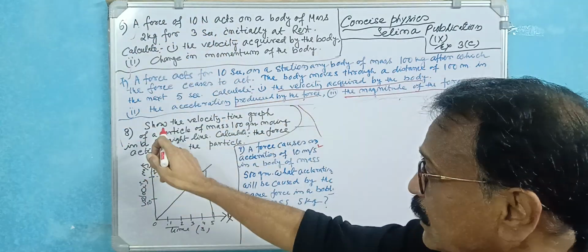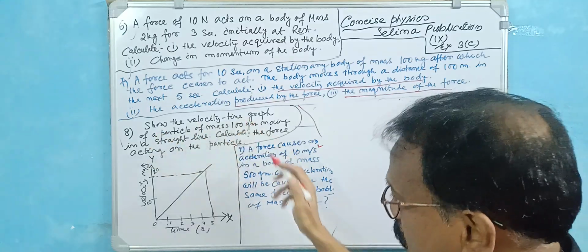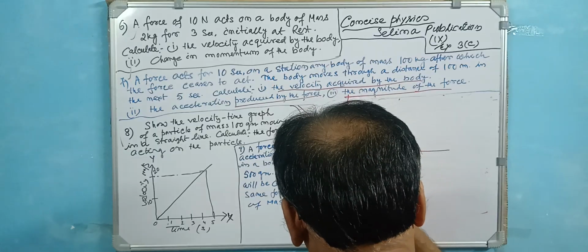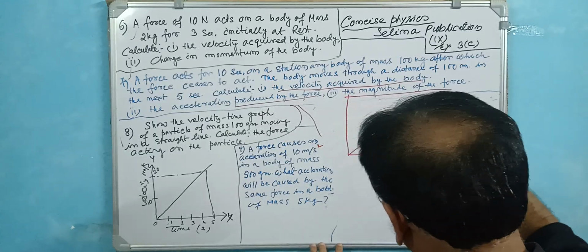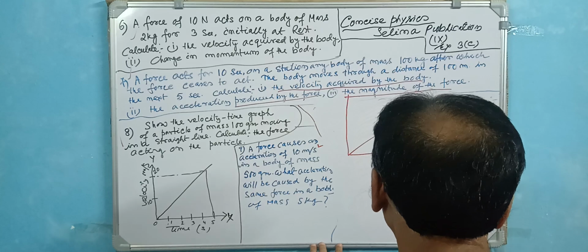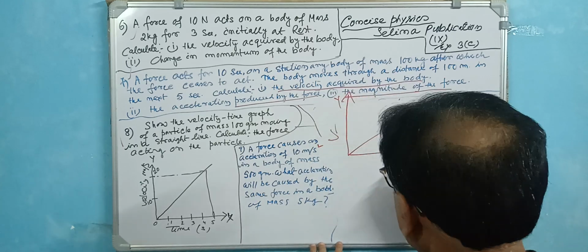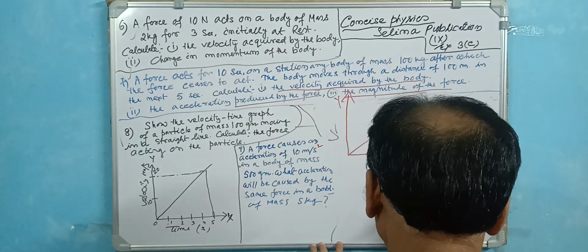Now number 8, it shows the velocity time graph. This is the x-axis, this is the y-axis. Here is the velocity and here is the time.